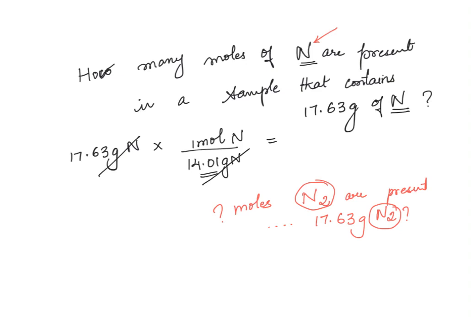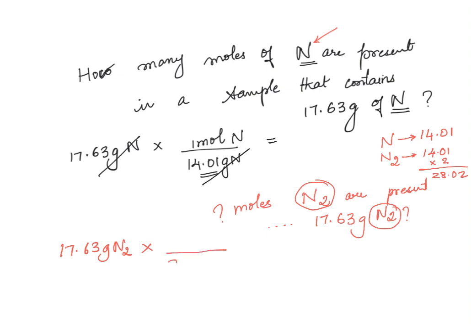So what do you do here? 17.63 grams of N2, but remember on the periodic table N is 14.01, but if it is N2, then it will be 14.01 multiplied by 2, which is 28.02. So then you would say 28.02 grams of nitrogen is 1 mole of nitrogen, and then you solve it this way.